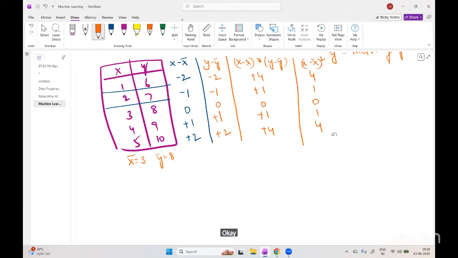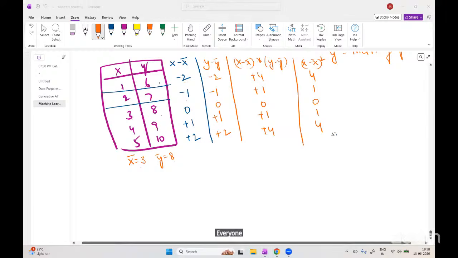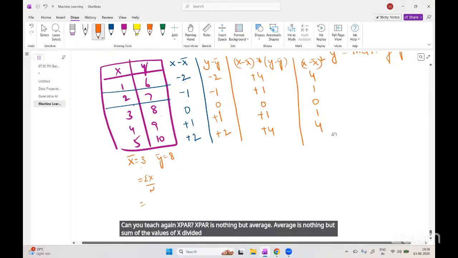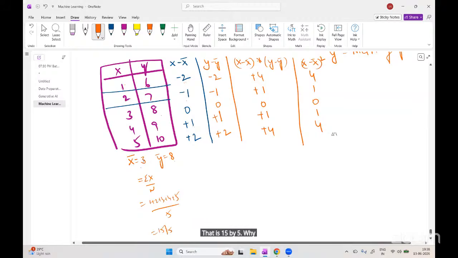Okay everyone, let me explain x bar again. X bar is nothing but average. Average is the sum of the values of x divided by the total number of values. The sum is 1 plus 2 plus 3 plus 4 plus 5, divided by the total number of records, 5. That is 15 by 5. That's why you got 3.